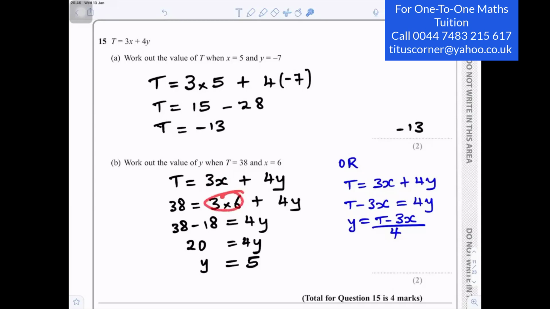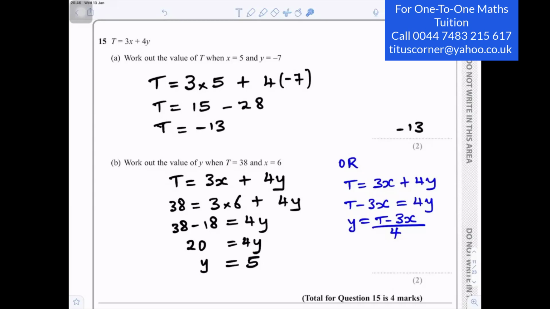Now 3 times 6 is 18. So you take it to the left. It was plus 18, it goes to the left and becomes minus 18. 38 minus 18 is 20. So 20 is equal to 4 times y. And you ask yourself, what do you times by 4 to get 20? It is 5. Or 20 divided by 4 is 5.